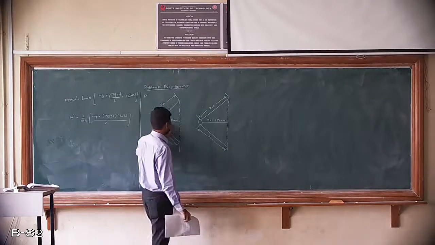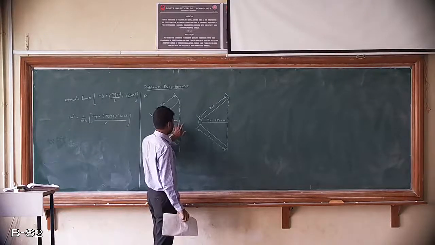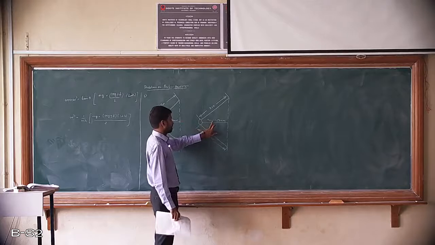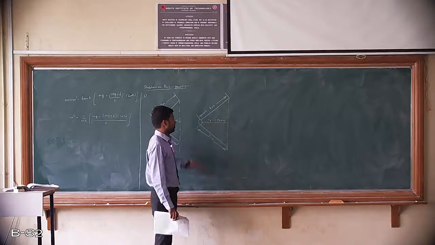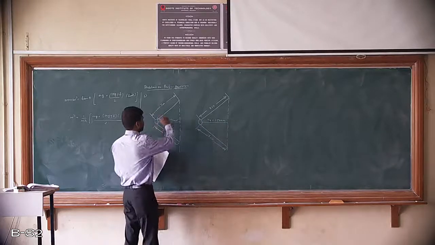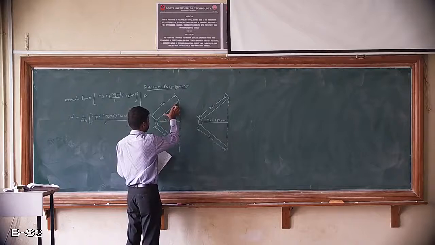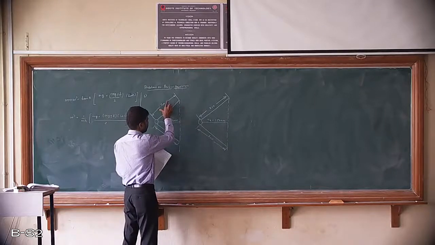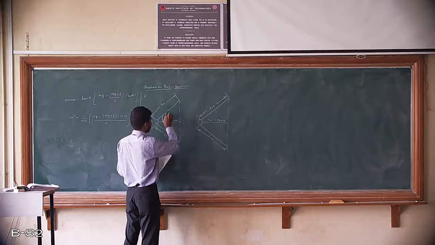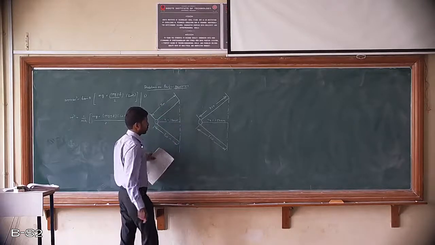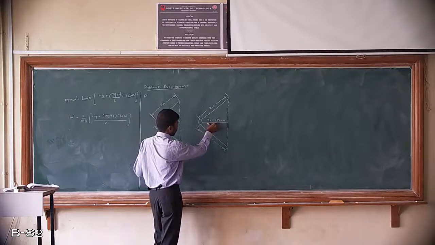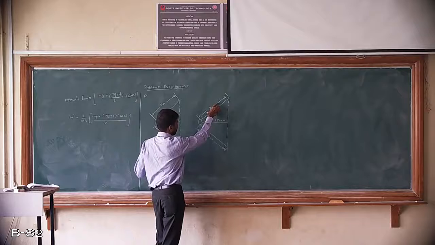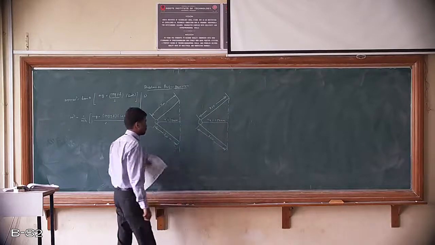One is R1 is equal to 120 mm and there is another radius R2 is equal to 150 mm. The arm length is remaining same. So this is the upper arm and this is the lower arm. The arm length in both the cases, for 120 mm radius also the arm length is 200 only, and for the 150 mm radius also the arm length is 200 only.